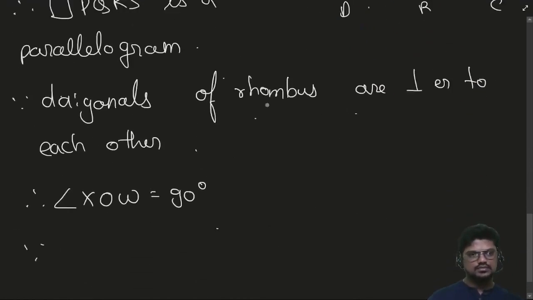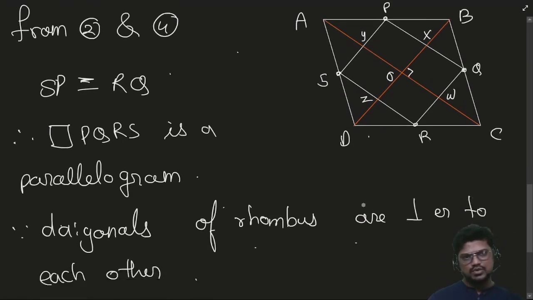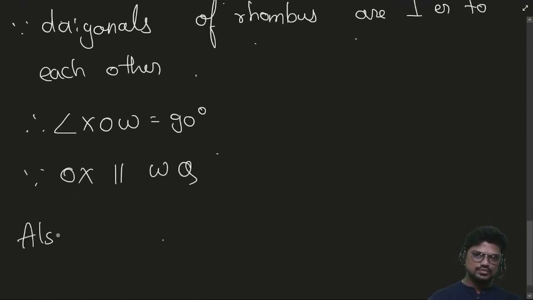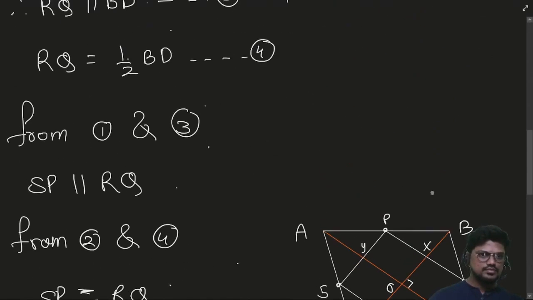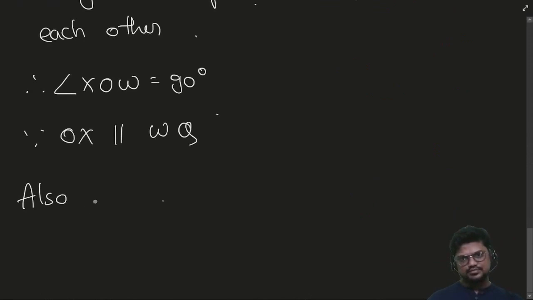Since OX is parallel to WQ, and also XQ is parallel to OW. How?